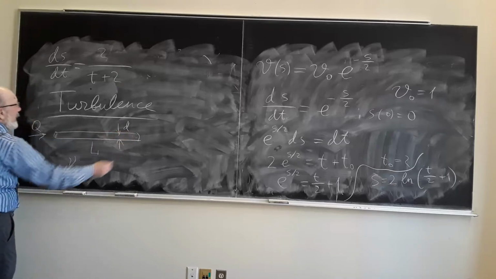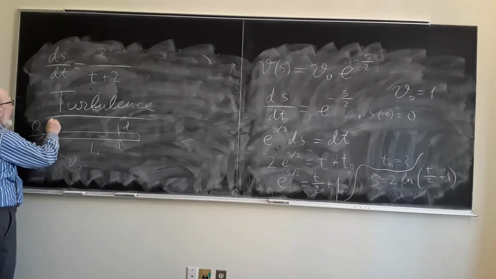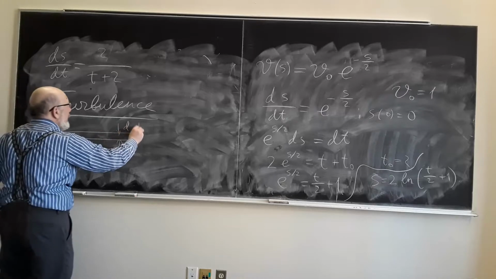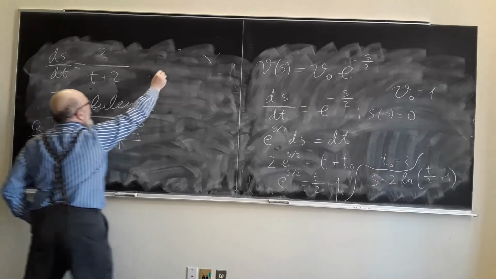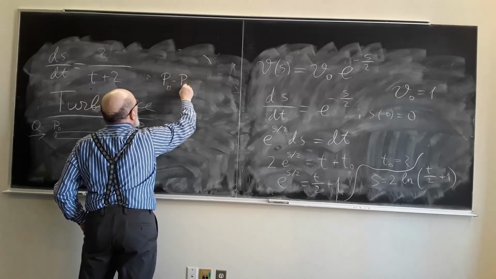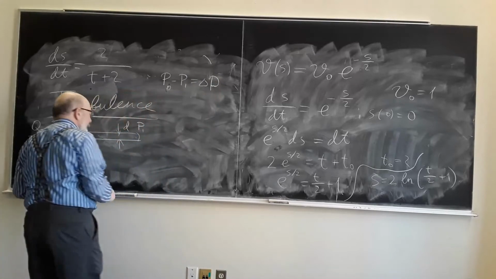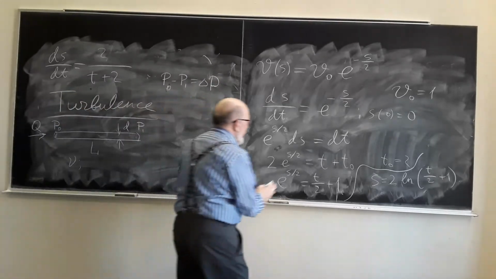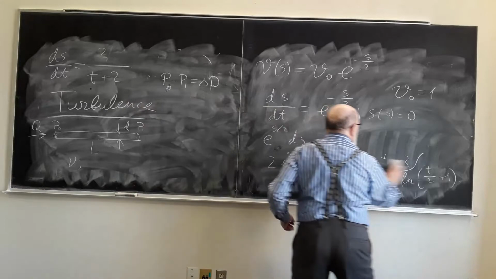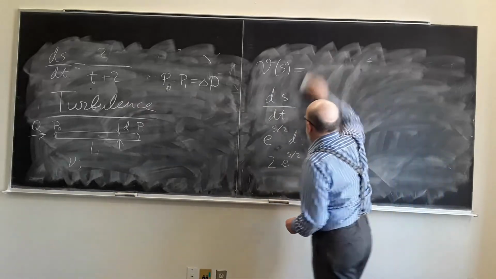And because there is some viscosity, we have to apply some pressure drop. Here is P0, here is P1. P0 minus P1 equals delta P. So we apply this pressure drop to simply sustain the fluid flow.